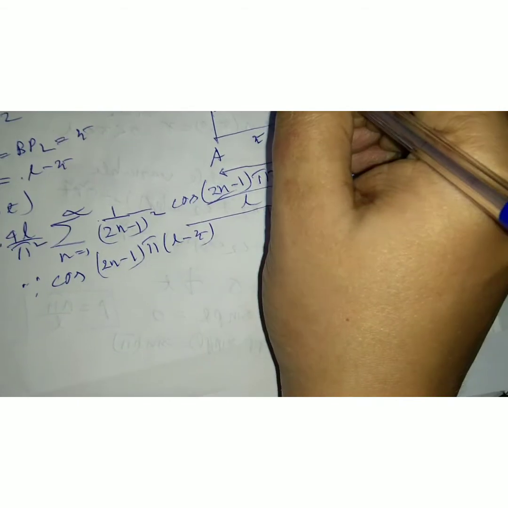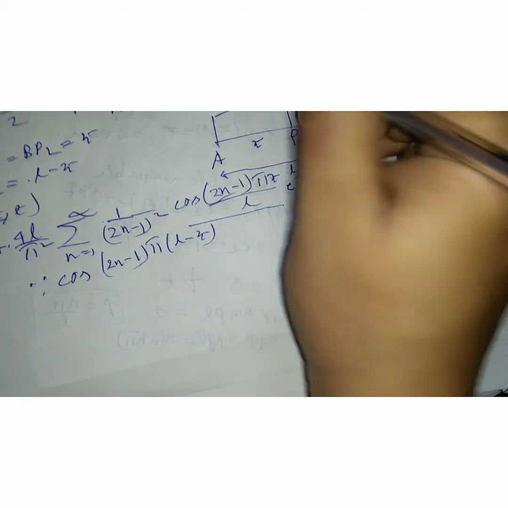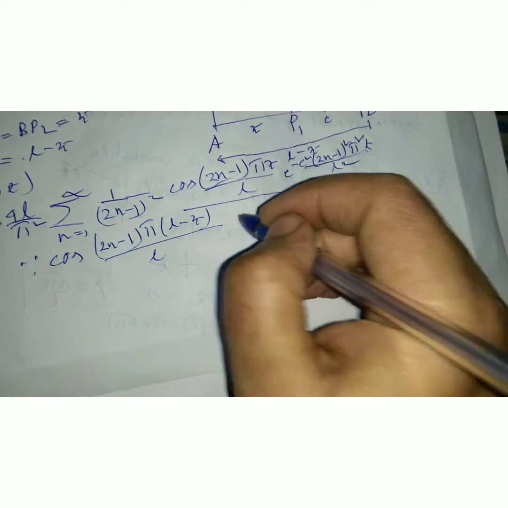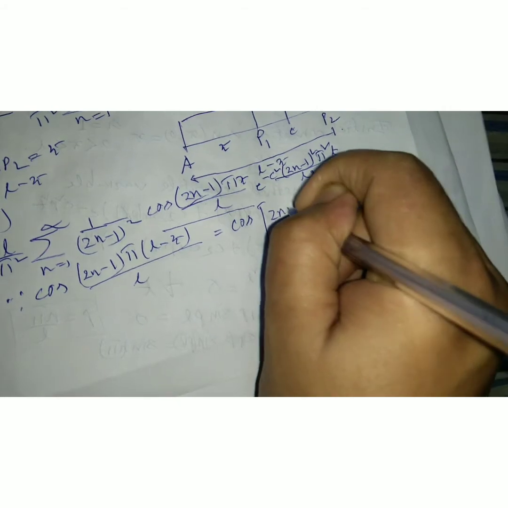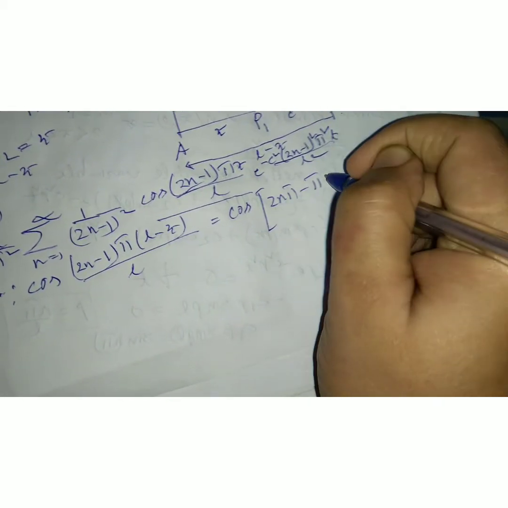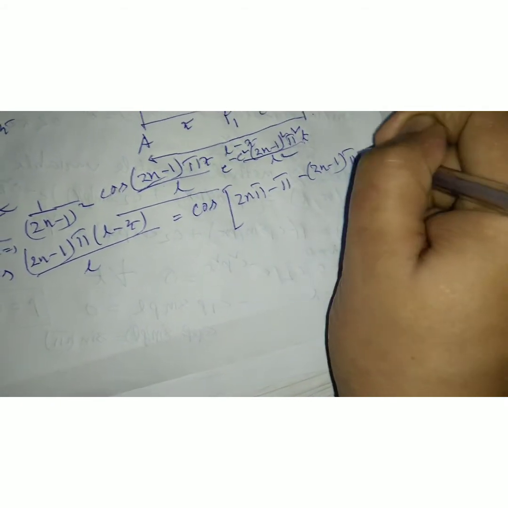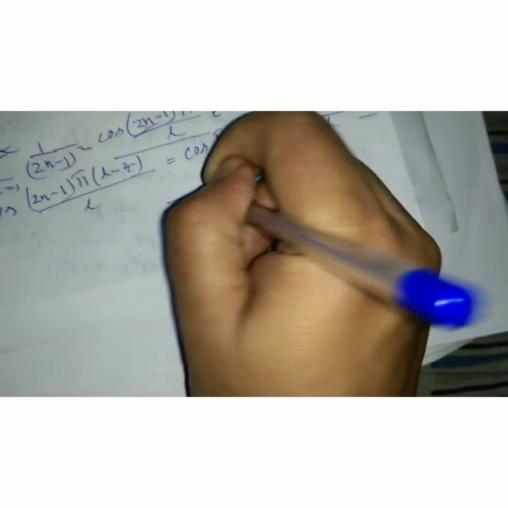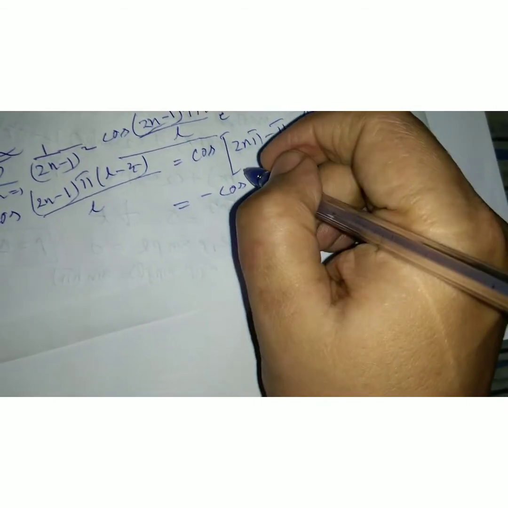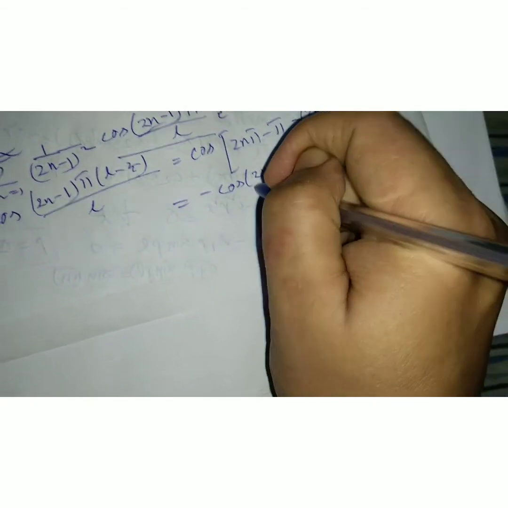I put the value L minus x in case of x. Here if I put L minus x, then I will get this value, but this value is like this, cos (2n pi minus (2n minus 1) pi x divided by L). This is the main fact, and we can get it as minus cos (2n minus 1) pi x by L.